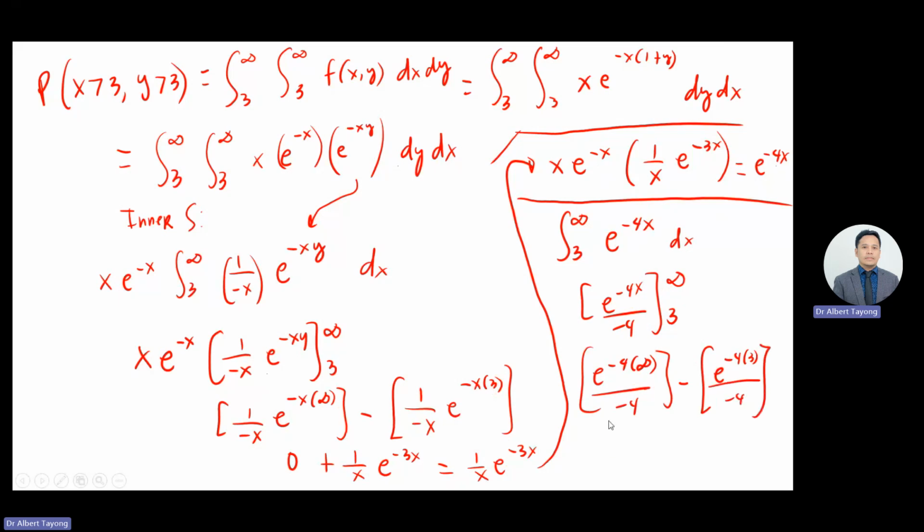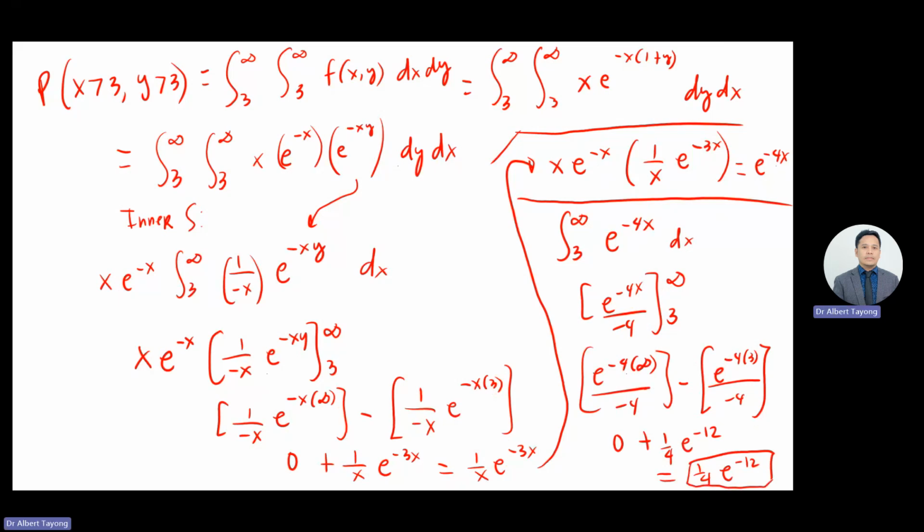Here we have e raised to the power of negative 4 times infinity, so it's e raised to the negative infinity, which is 0, over negative 4 is 0. And this becomes plus because we have minus and negative. That is 1/4 times e raised to the power of negative 12. So the answer is 1/4 times e raised to the power of negative 12.